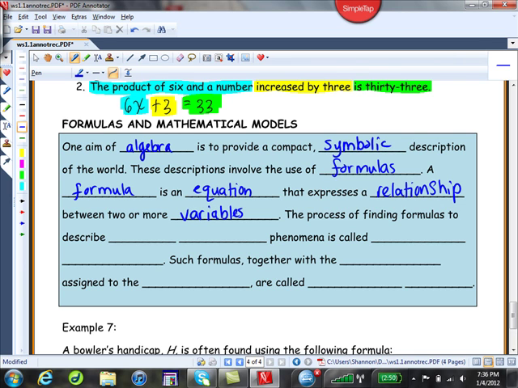The process of finding formulas to describe real-world phenomena is called mathematical modeling. Such formulas, together with the meaning assigned to the variables, are called mathematical models.